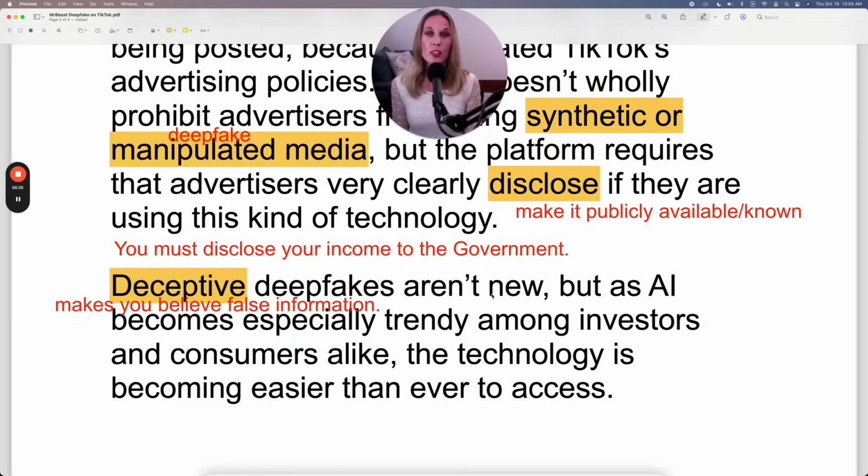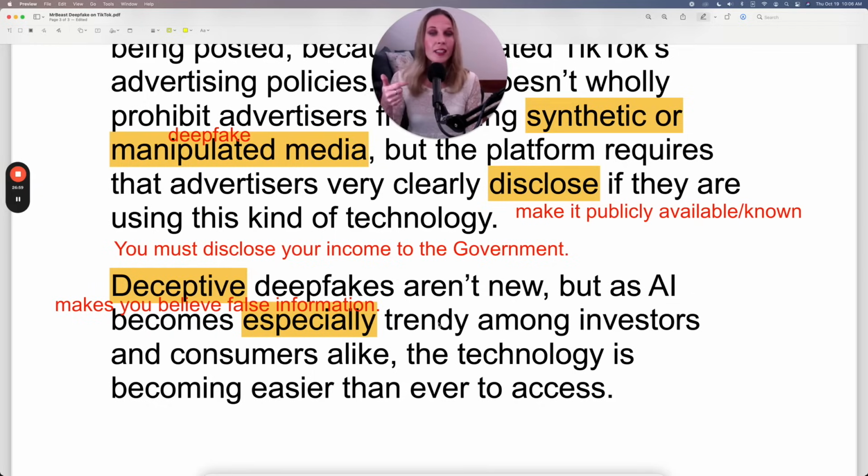Deceptive deepfakes aren't new, but as AI becomes especially trendy among investors and consumers alike, the technology is becoming easier than ever to access. So if something is especially among a certain group, it means it applies more to them than to other people.